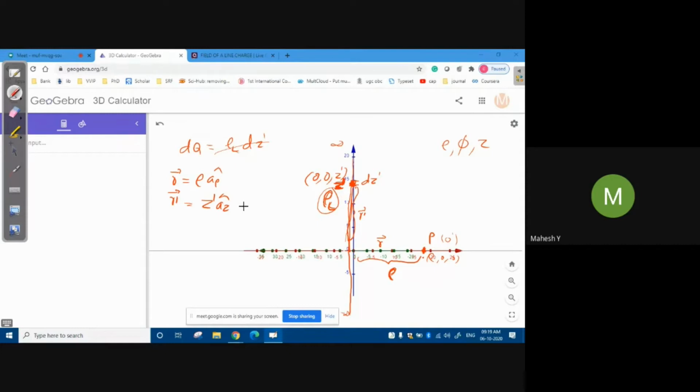Is that clear? Anyone has any doubt here? If you have any doubt, please unmute and ask. Is this clear? r prime is equal to z prime az cap.